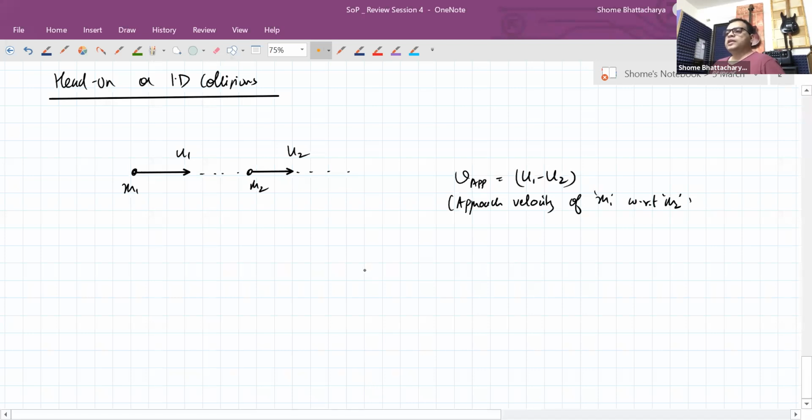Now, as they come in contact, as we've discussed, they will apply equal and opposite collision impulse on each other. So, by Newton's third law, force acting on particle 2 because of 1, and therefore impulse on 2 because of 1, will be equal and opposite to the impulse on 1 because of 2. Action reaction pair.